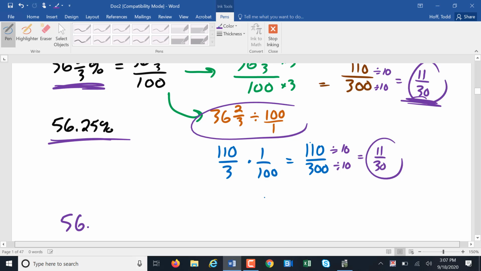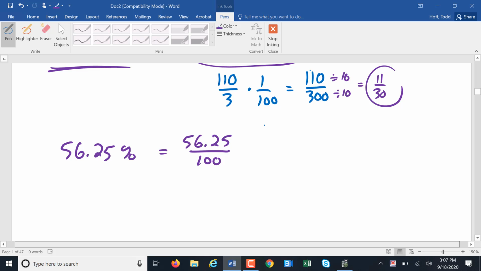All right, let's go back to that 56.25%. That is still just 56.25 over 100. Well, just like we don't like having fractions within our fractions, we don't like having decimals within our fractions. Some of you might notice we could multiply by 4 and get rid of that.